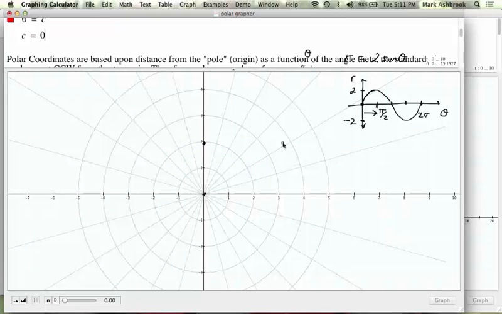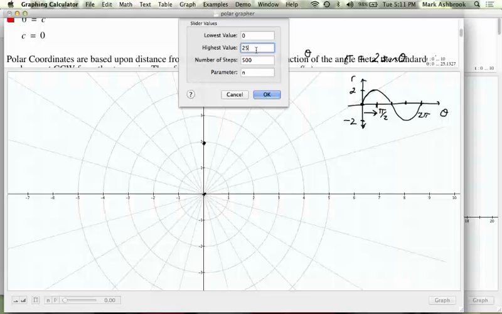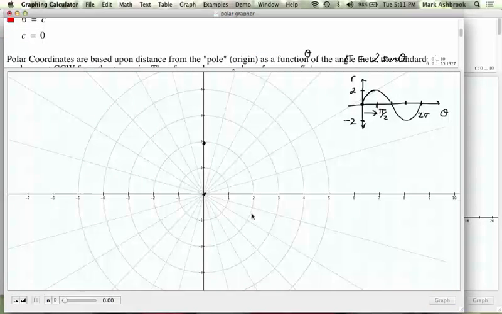But we have to think about that happening as theta increases.